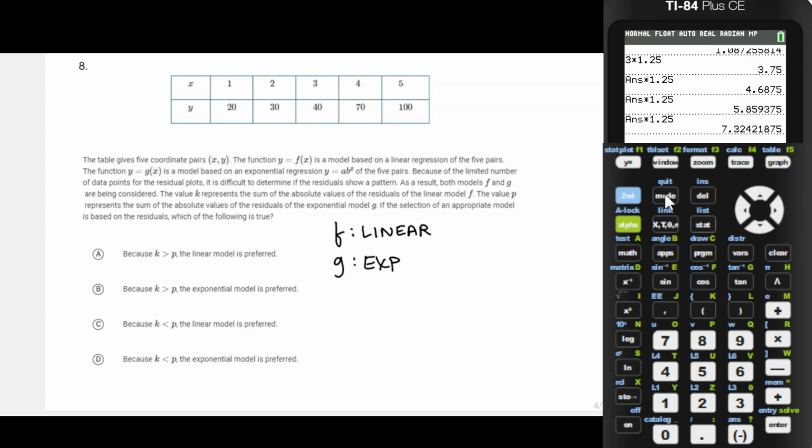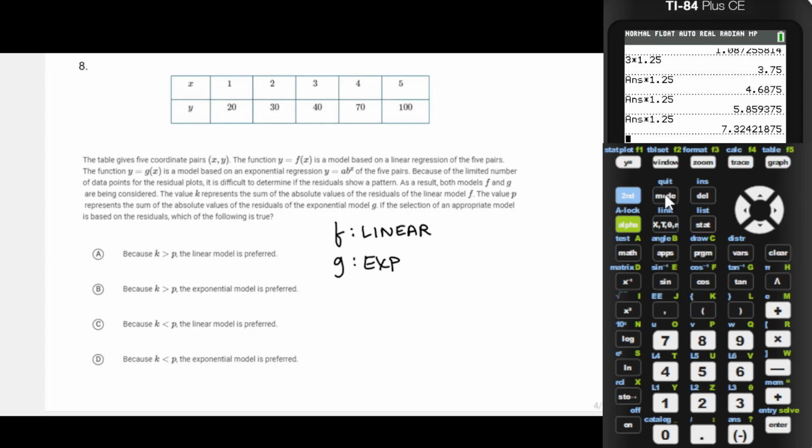As a result, both models f and g are being considered. Okay, so we looked at the residual plot and it didn't tell us anything. That happens. K represents the sum of the absolute values of the residuals of the linear model f. That's different. P represents the sum of the absolute values of the residuals in model g.